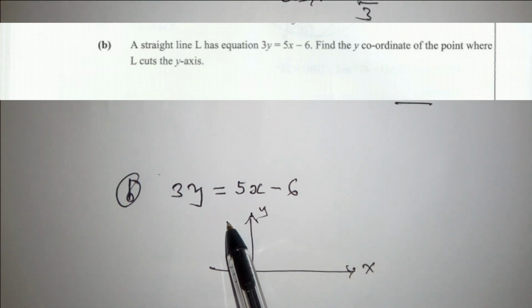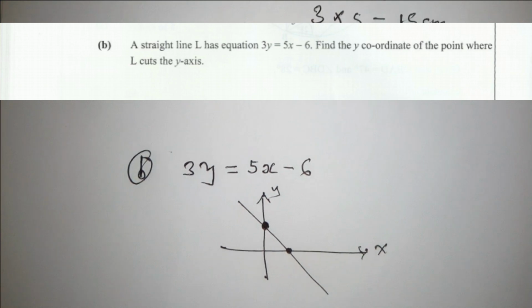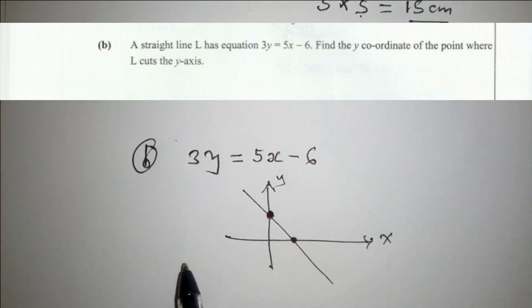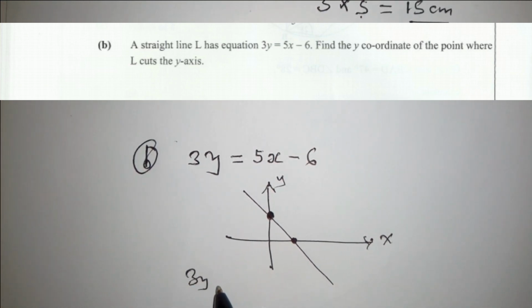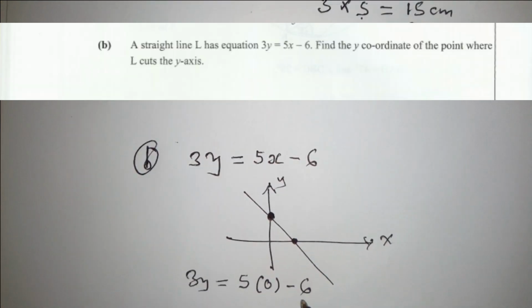So when we want to find where the line is passing or where it's cutting, we say this is y-intercept and this is x-intercept. For y-intercept, where it's cutting y, we're going to say 3y is equal to 5, where there is x, we put 0, minus 6.